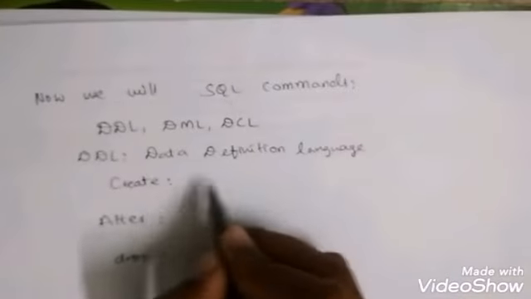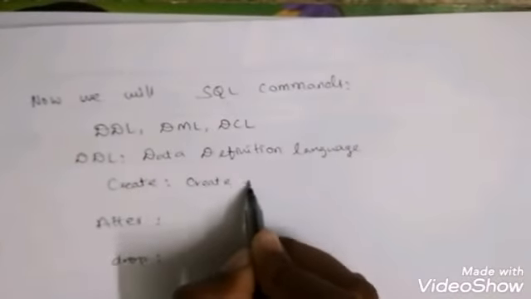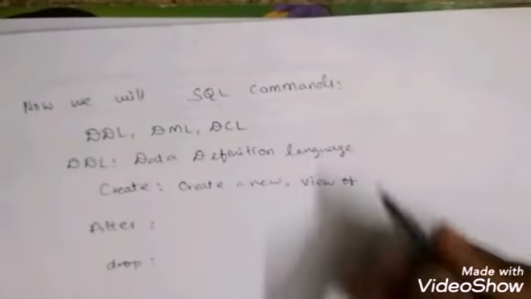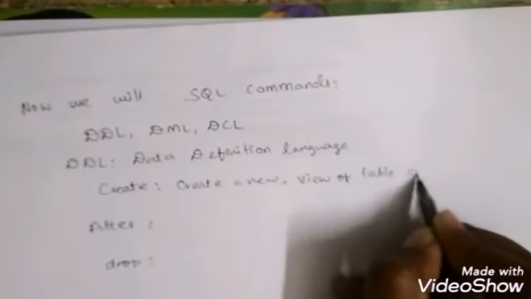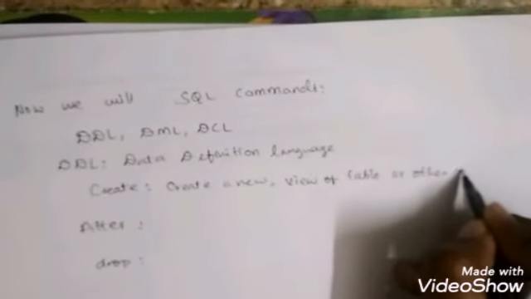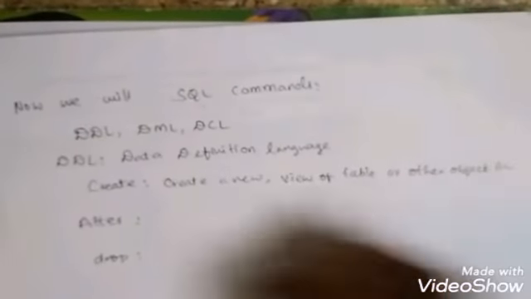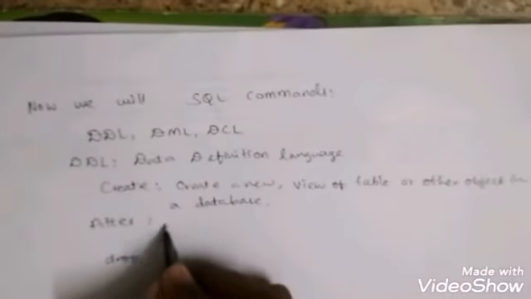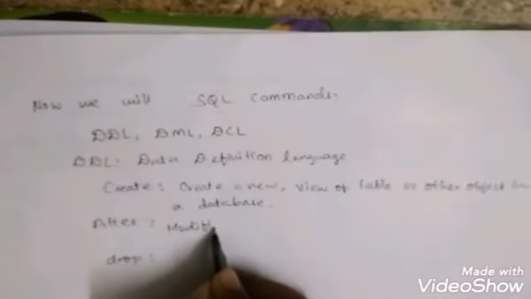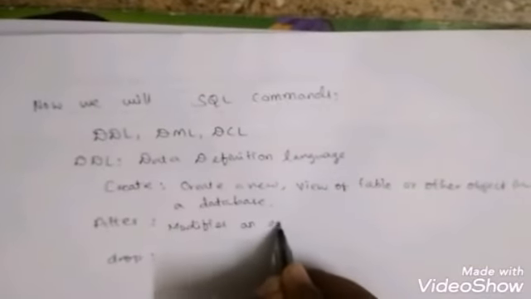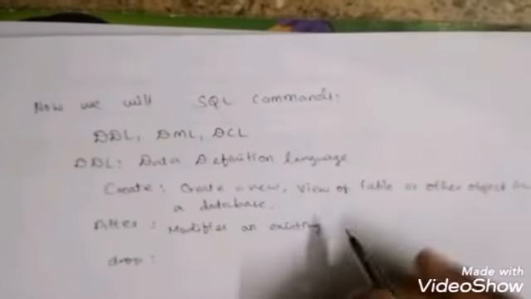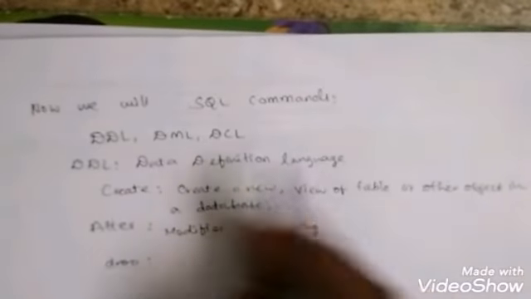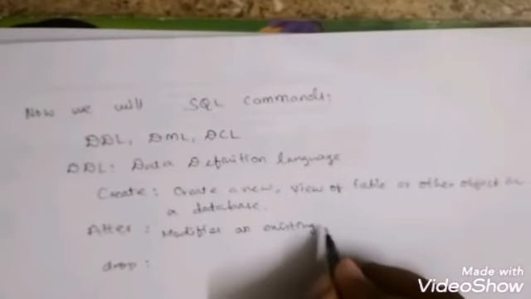Create. We use create to create a new table or a view of a table or any other object in a database. When it comes to alter, it modifies an existing object. Just like we can alter the table, or alter the view, or alter the column of a table, we will use alter.